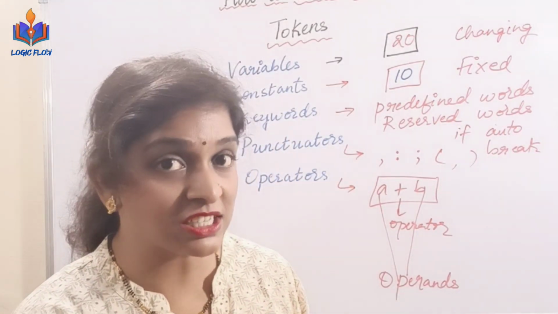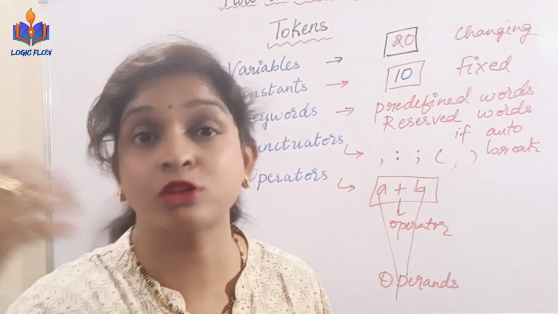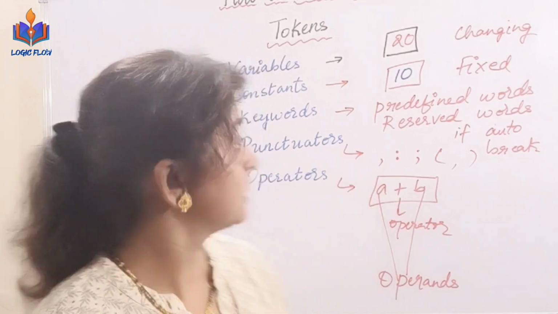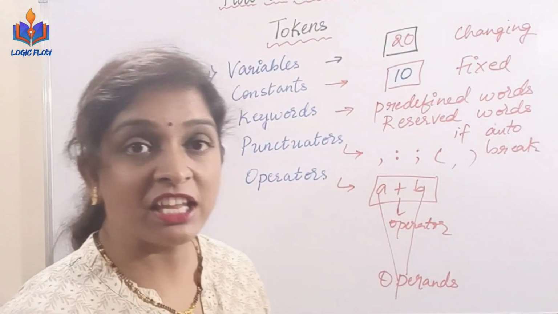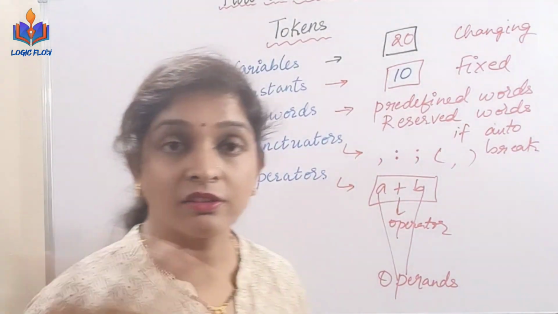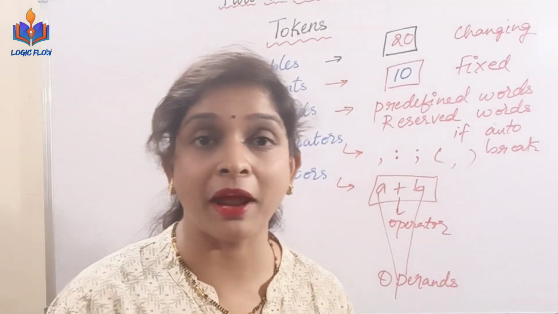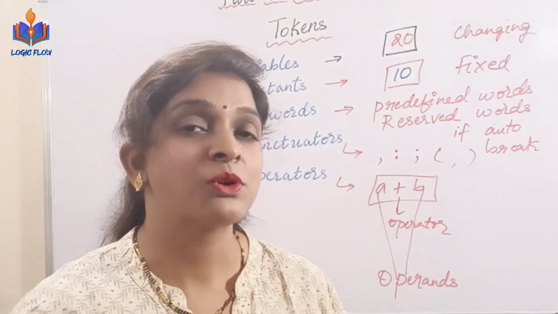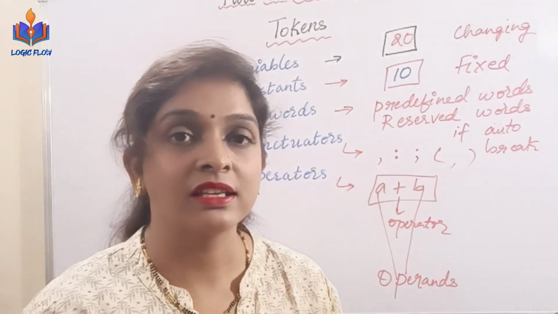Talking about constants, we have a variety of constants. We'll talk about the types of constants and how to define a constant. Then keywords, many keywords we have, and the purpose of those keywords. Then we have operators, different types of operators: binary, unary, ternary, and a variety of binary operators. All these things will be learned step by step.